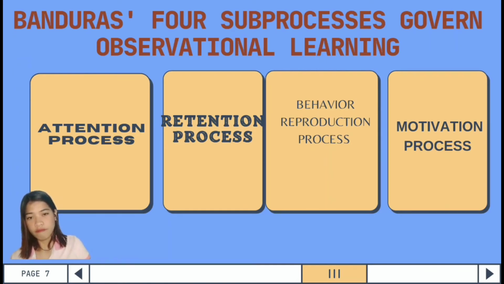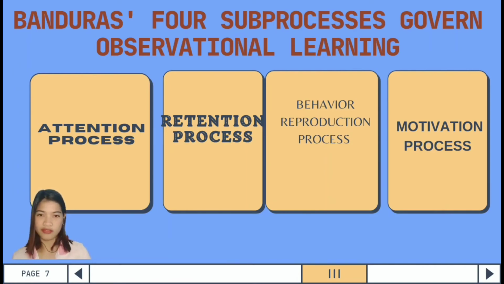So the attention process is important because it makes you more attentive, to adapt the observation and apply it as motor learning.